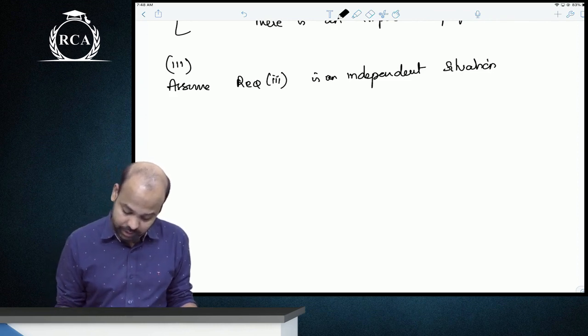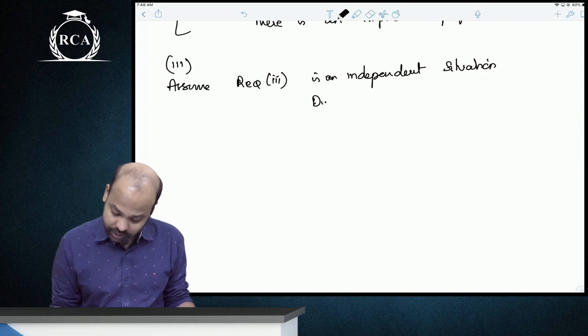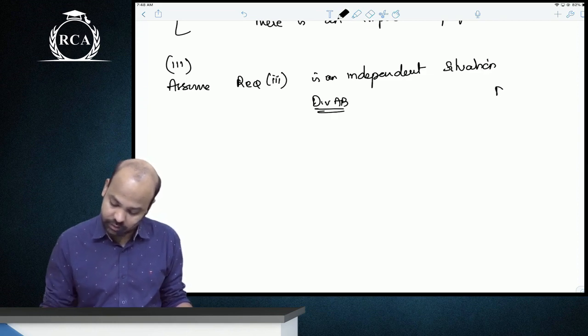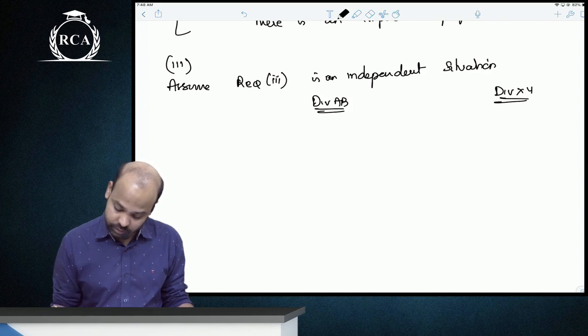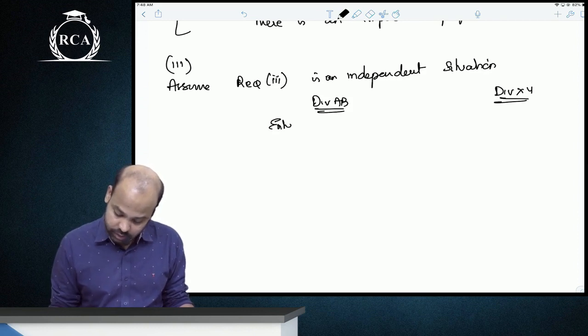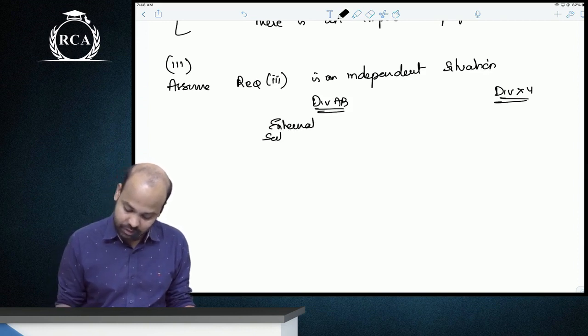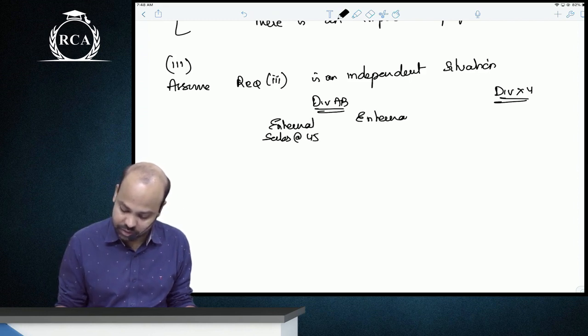तो यहाँ पे बेटा as far as division AB is concerned, as far as division X5 is concerned, here, beta, we have external sales at 45 rupees. We also have external sales of 10,000 units at 31 rupees.